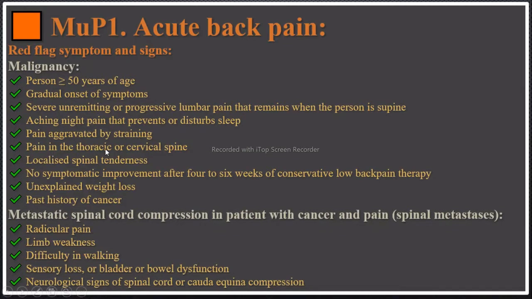Pain in the thoracic or cervical spine, localized spinal tenderness, no symptomatic improvement after 4 to 6 weeks of conservative low back pain. So any patient with non-specific back pain, you will give just simple analgesia and discharge the patient. If the patient did not improve after 4 to 6 weeks, think about what, guys?